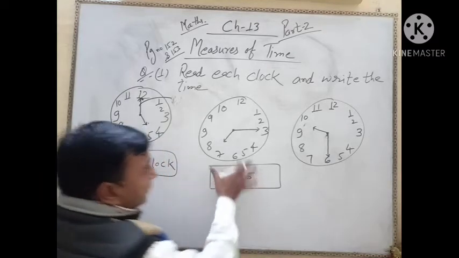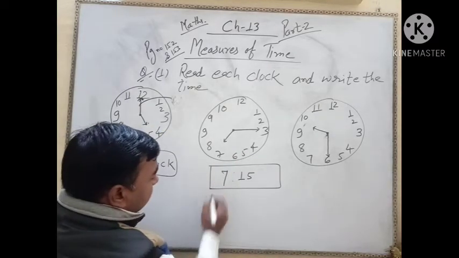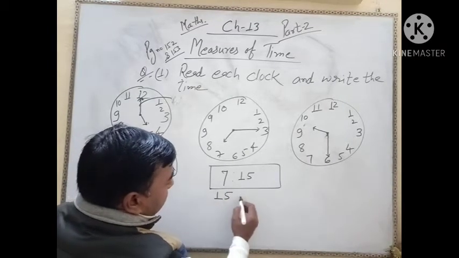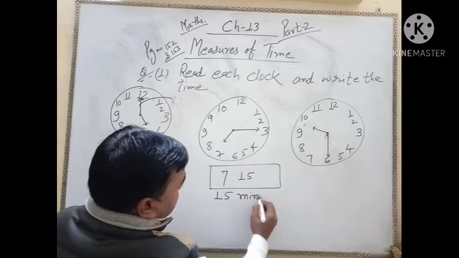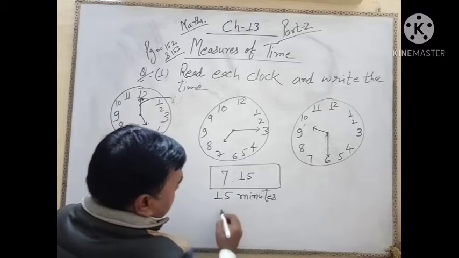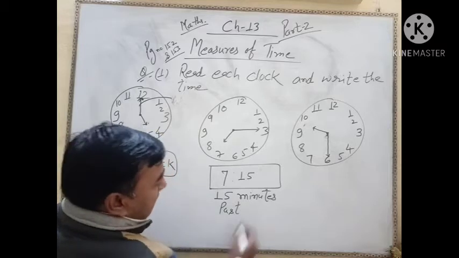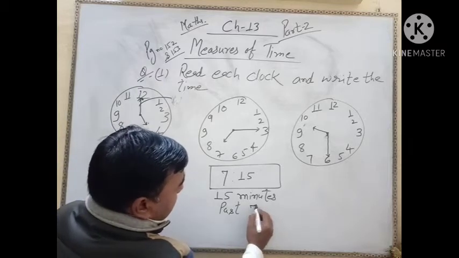When we want to write this time in words, we can write 15 minutes past 7.